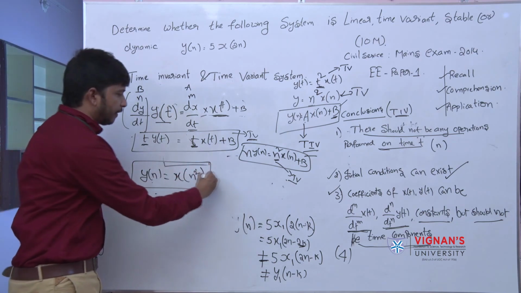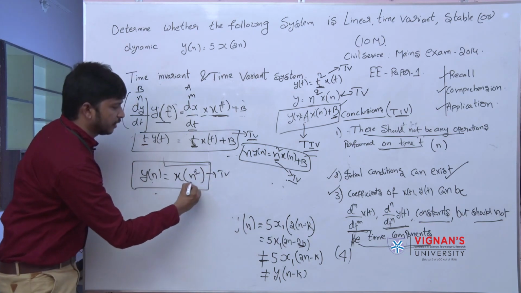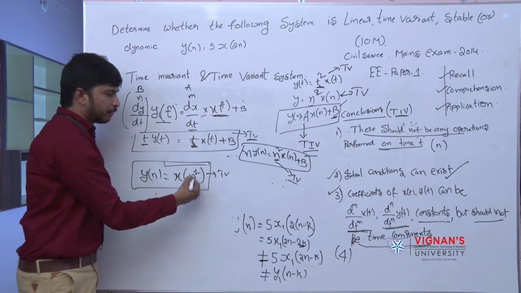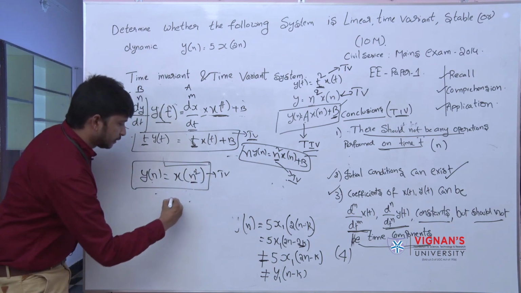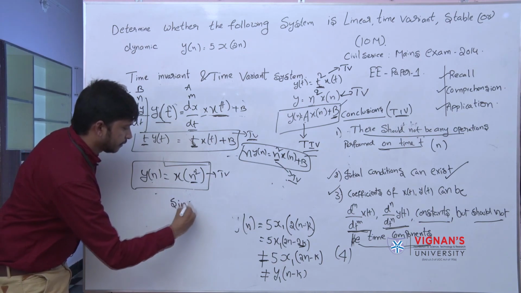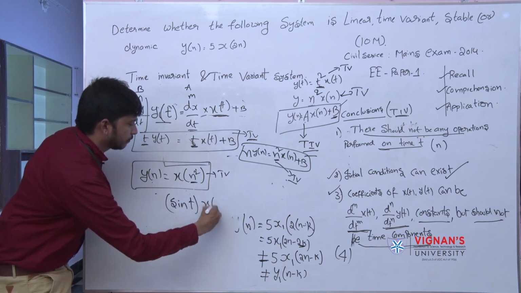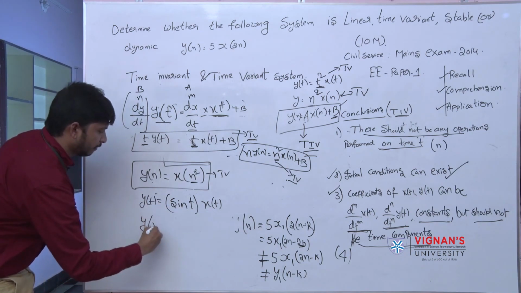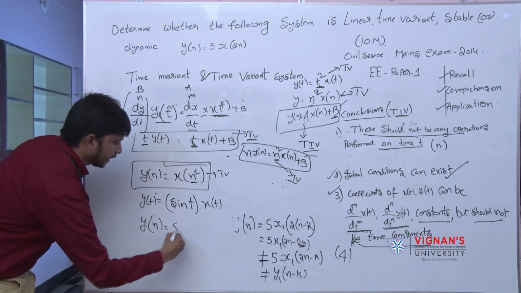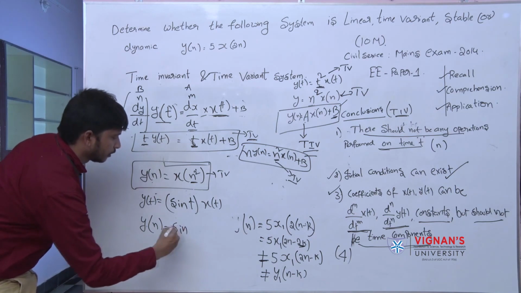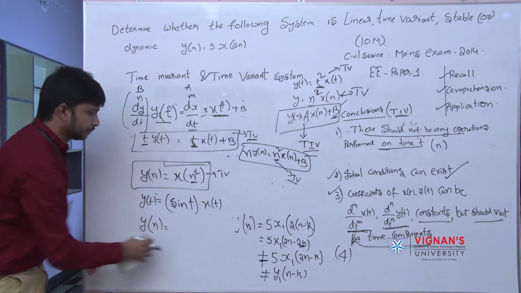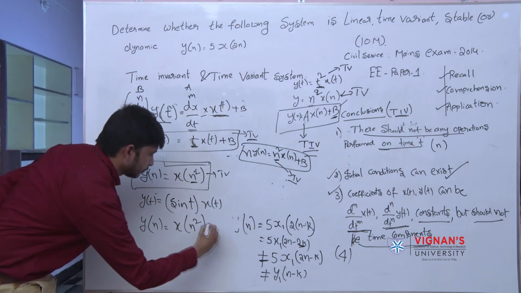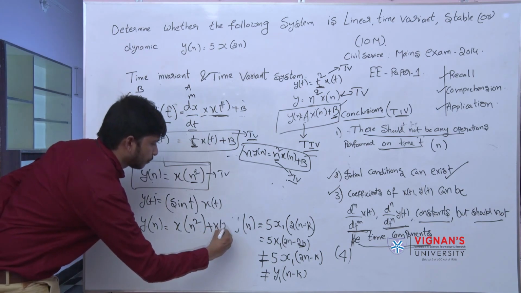It is time variant. Why time variant? There is an operation. No operation should be performed on time. Here an operation is performed, the squaring operation. Like that, sin t into x of t, y of t equal to, or in the discrete domain, y of n equal to x of n square plus x of 2n.